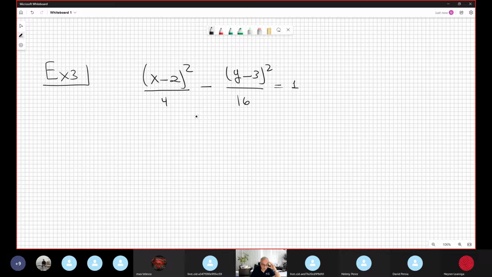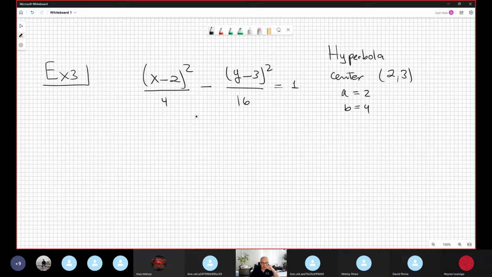Okay, using our knowledge of the conic sections that we studied in precalculus, you identify that it is a hyperbola. The center of the hyperbola is located at the point 2, 3, h and k, and a is 2 and b is 4.